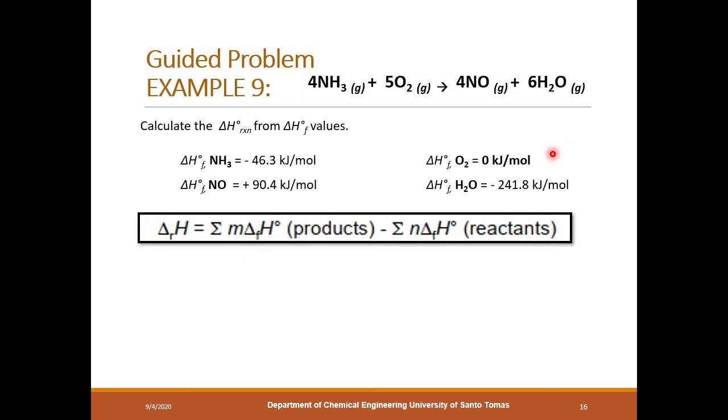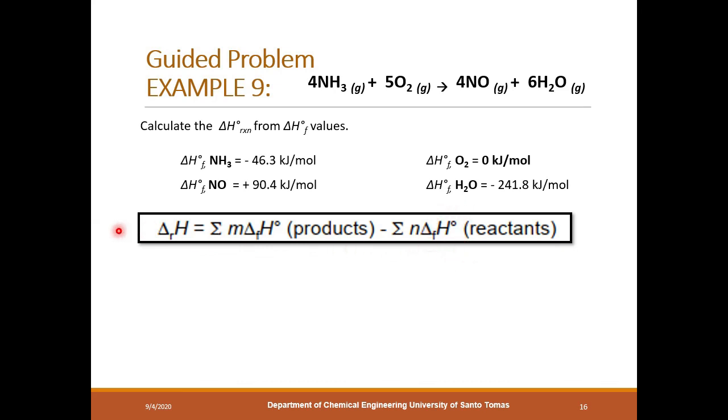Now, to solve this problem, we will also be utilizing this pattern, or this working equation, in order to solve for the standard enthalpy of the reaction. But remember that this formula is simply getting the sum of the standard enthalpies of formation of our products and subtracting from that the sum of the standard enthalpies of formation of our reactants.